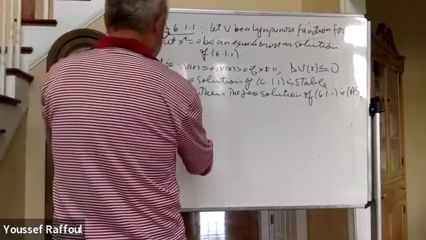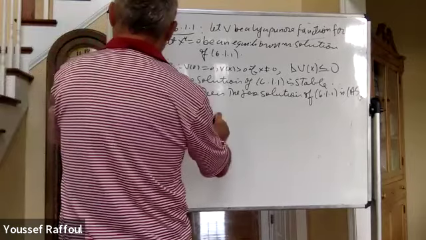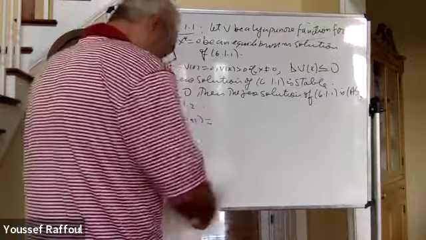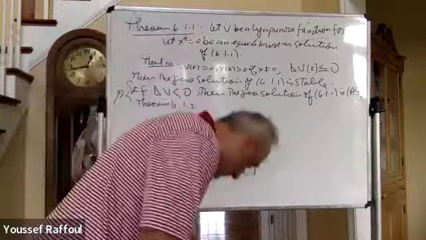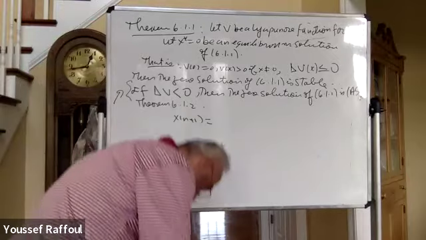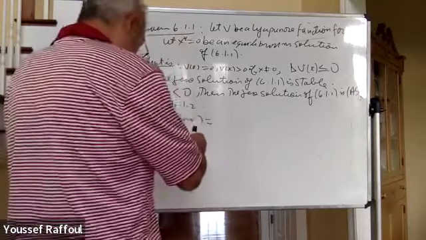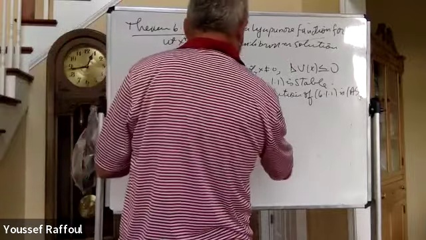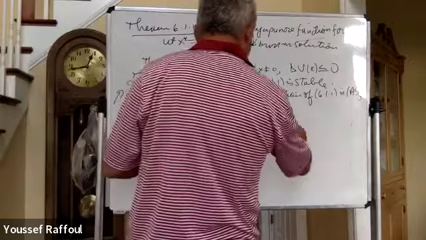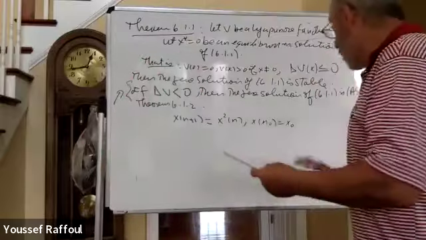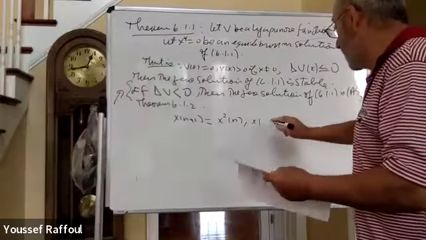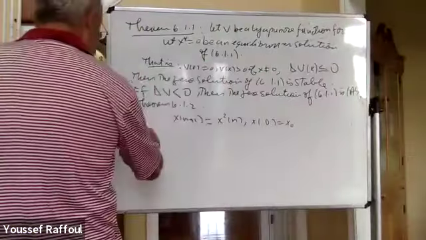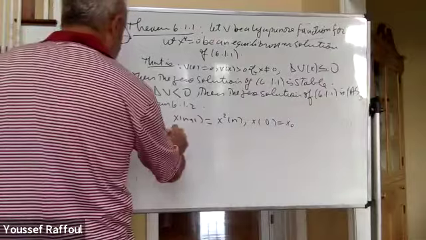If I take x(n+1) equal to x squared of n, with x(0) equal to x0, we saw that x star equals 0 and 1.